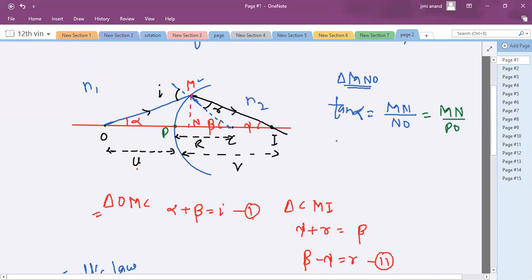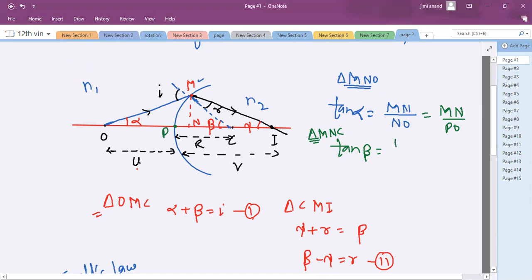Now, what is tan beta? In this triangle MNC, which is a right angle triangle, what is tan beta?